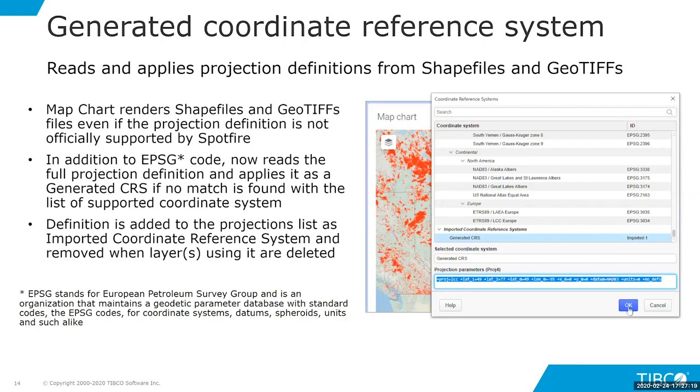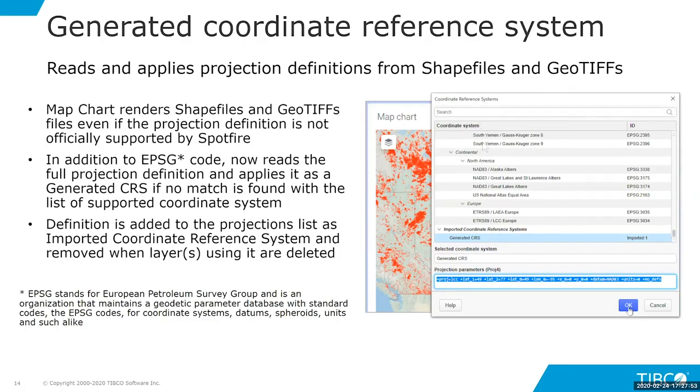And sometimes shapefiles and geotiffs miss that information, and then it was not possible to display them in Spotfire before. But what Spotfire does now is that it reads the projection definition in the shapefile or the geotiff files, and then generates a coordinate reference system that works for this shapefile.